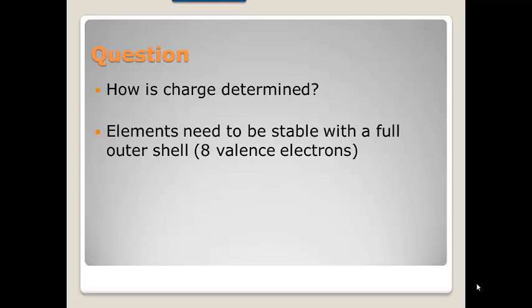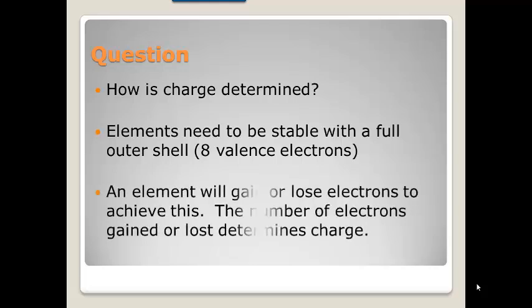So the charge that they have is going to be reflecting what needs to happen so that they can obtain the 8 valence electrons. Elements gain or lose electrons to get that octet, and the number that they gain or lose determines their charge. Remember that when an element gains an electron, it becomes negative, and when an element loses an electron, it becomes positive.